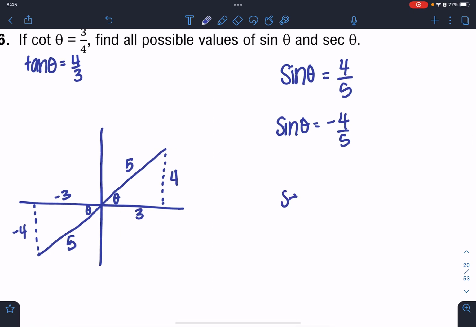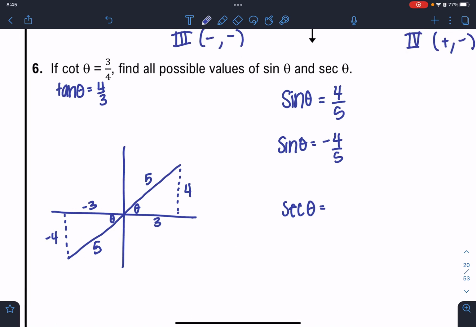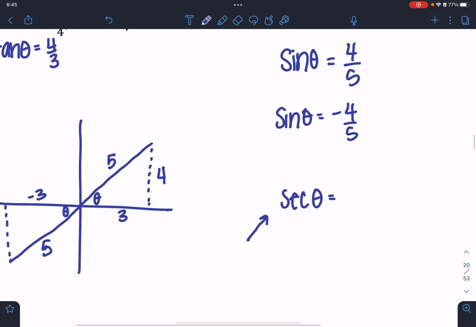If I want to know secant, okay, secant of theta, remember, is going to be the opposite of cosine. So we maybe want to make a note there, opposite of cosine. So if cosine is going to be that adjacent over hypotenuse, or we can think about it on the coordinate plane in terms of the x over that radius hypotenuse value, then secant is going to be the flipped version of that, the radius over my x.